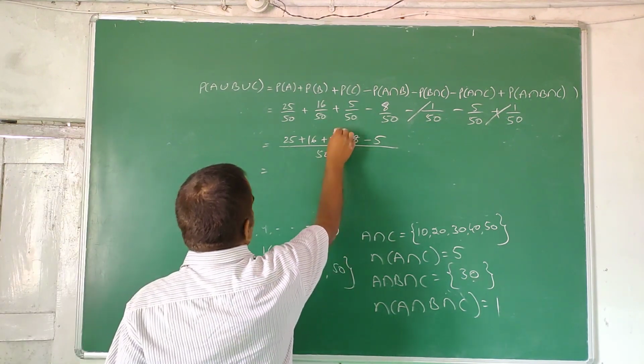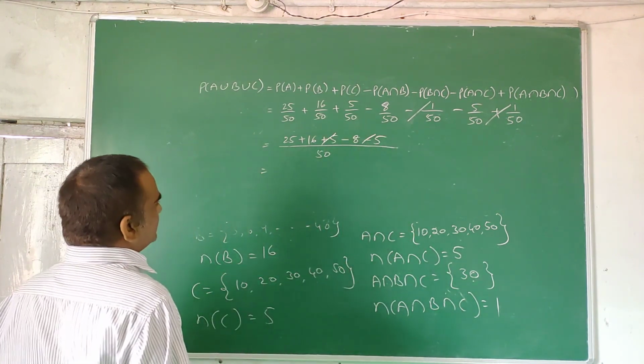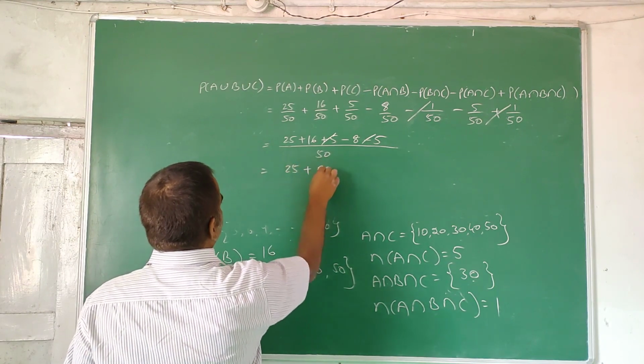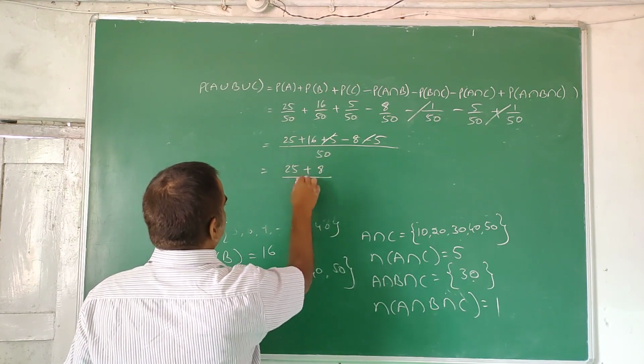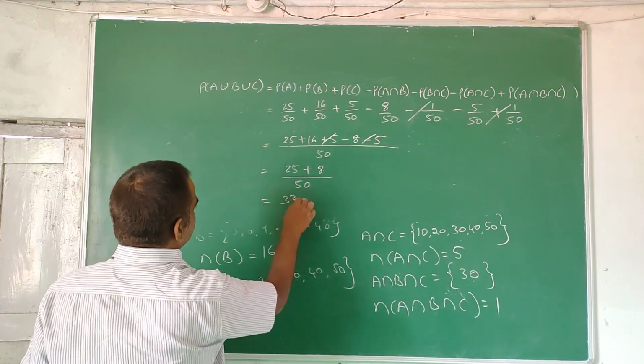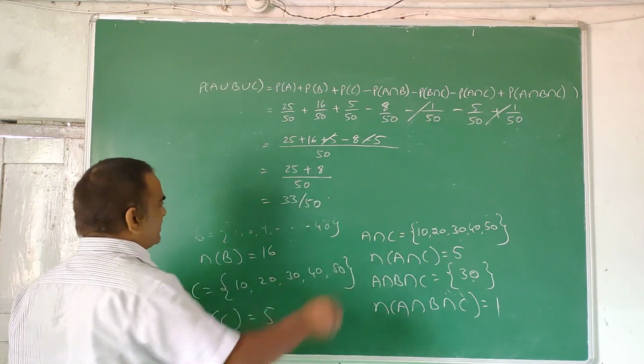Now this plus 5 minus 5 also get cancelled. So it is equal to 25 plus 16 minus 8, all by 50. 25 plus 8, 33. 33 by 50 is the required probability.